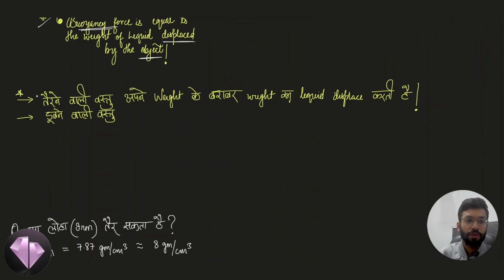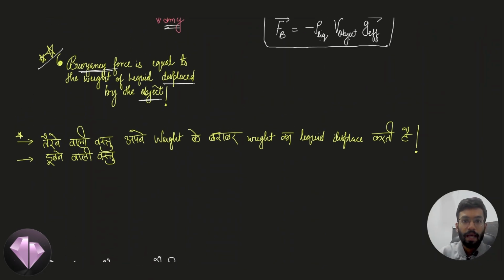Now there is a note. तैरने वाली वस्तु अपने वेट के बराबर वेट का लिक्विड डिस्प्लेस करती है. करेक्ट? Why am I saying this? What do you mean by तैरने वाली वस्तु? So let's understand this.